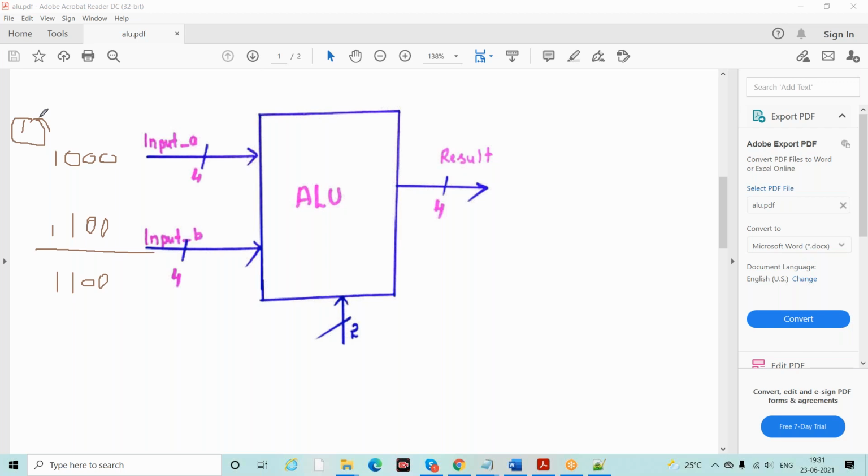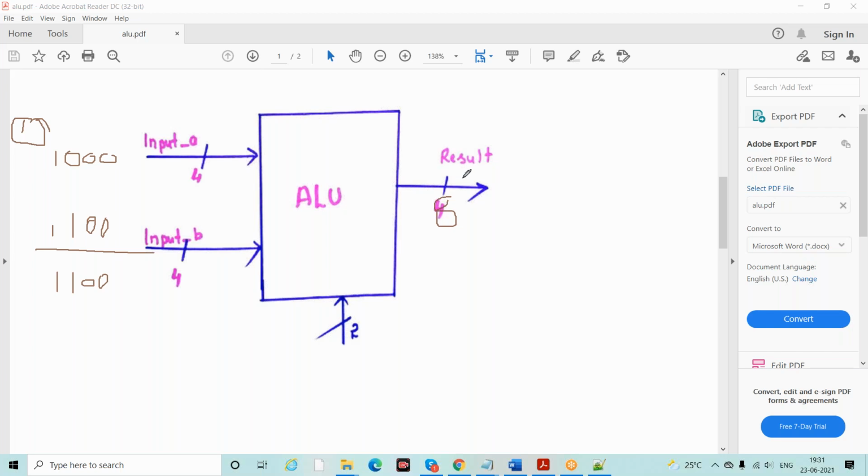Yes, sorry, I'm extremely sorry. This is 8-bit. I myself was wrong, because in multiplication we get 8 bits. Thanks to Suraj Singh.